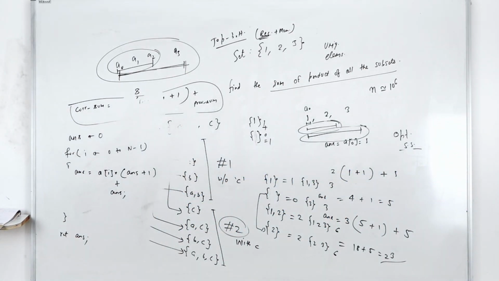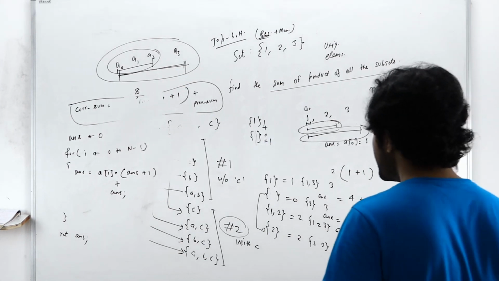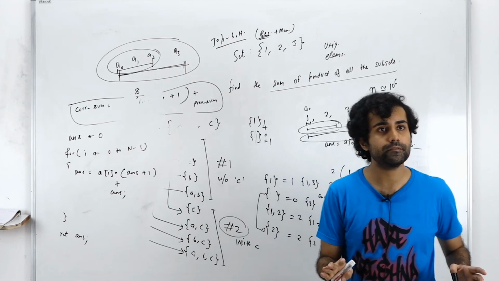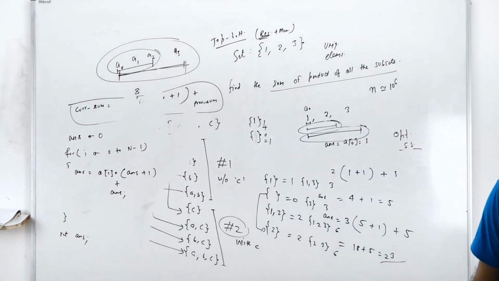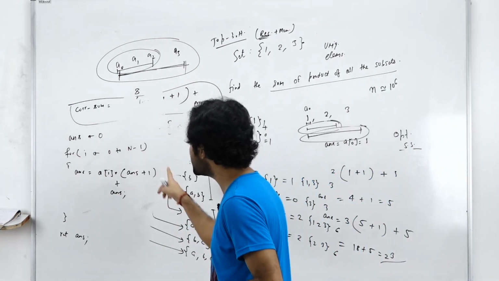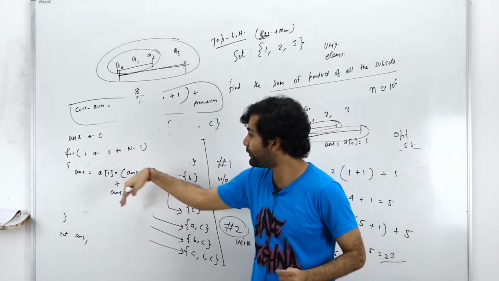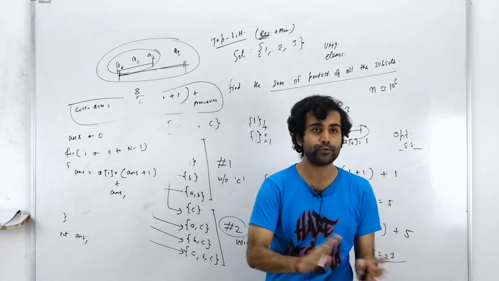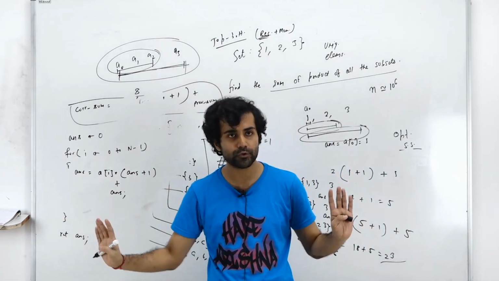So this clearly is a bottom-top approach, which is also called tabulation, right? I hope everyone is understanding that, yes or no? So this is clearly a bottom-top approach. There is no recursion here. You fill up your answer from 0 to n minus 1 or from n minus 1 to 0. That's totally up to you.